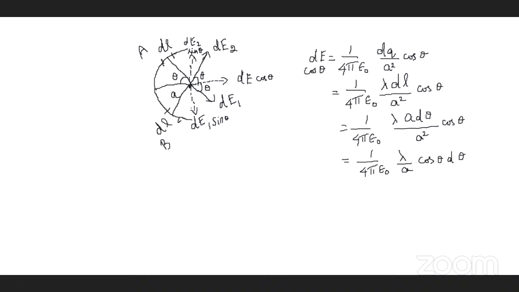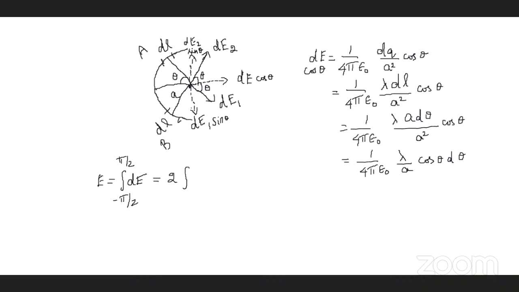Whenever you want to find the total electric field, you need to integrate this. So the total electric field is E equal to integral dE. The limits are minus pi by 2 to pi by 2, that is minus 90 degrees to plus 90 degrees.